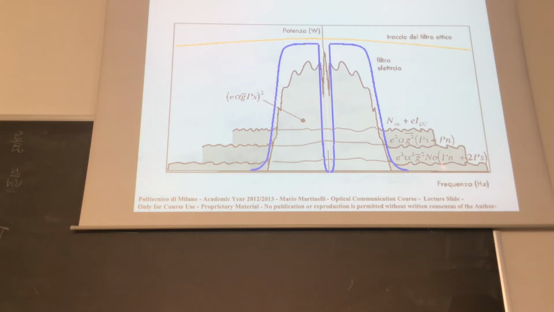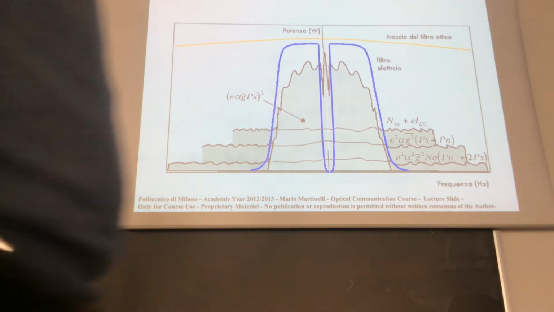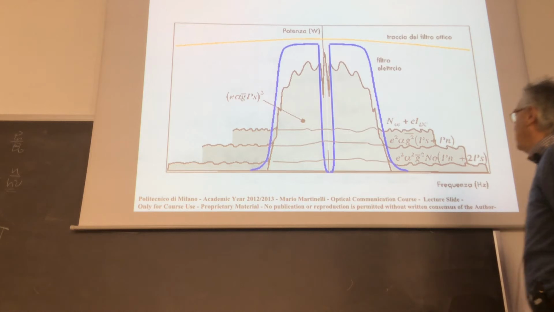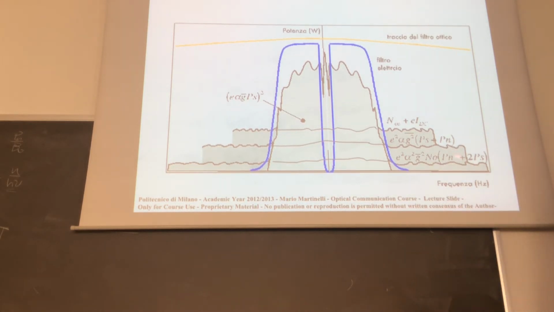I remind you that we obtain this expression when we consider the mixed line, and we consider the variance of the mixed line, that is this term 2, okay? And this is still a flat term, in first approximation, inside the optical band. So we have a free flat term.